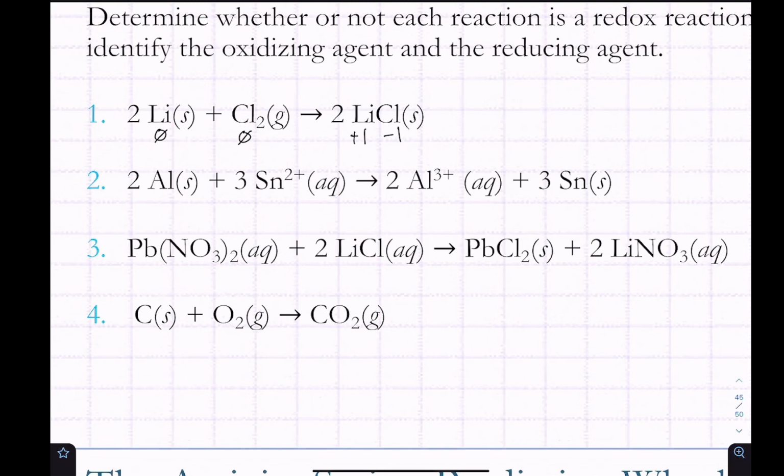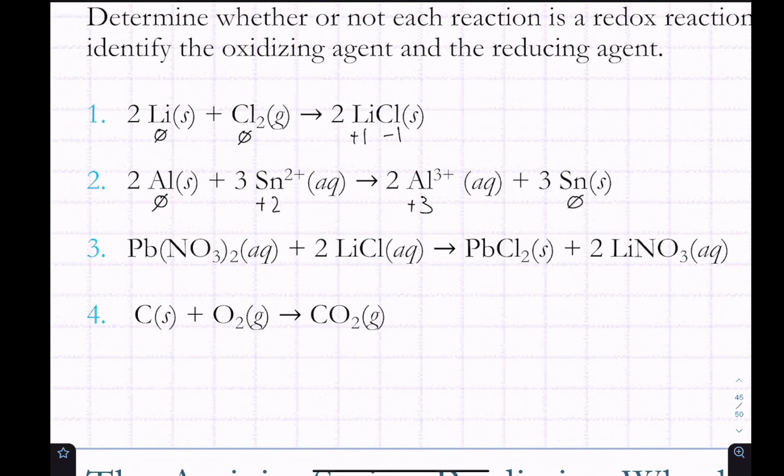So do we have changing oxidation states for number 2? We do indeed. And in fact, this one's even easier because we have elemental aluminum here. And so that's going to be an oxidation state of 0. And then we have an aluminum ion, and it's 3+, so that tells us in any metal ion by itself, its oxidation state will be the same as its charge. And we can do this for tin, just for kicks.